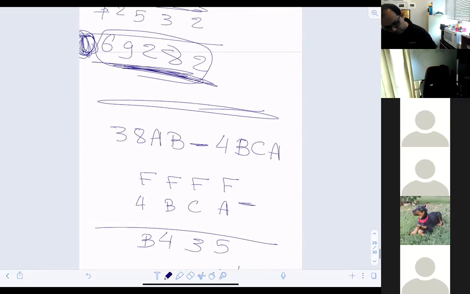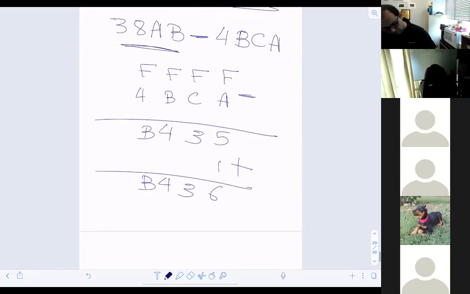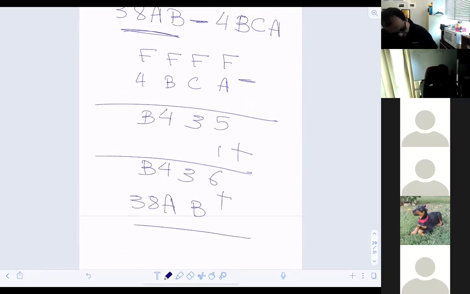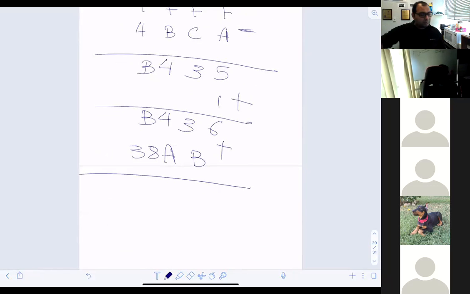Then you will take this together and add it to this value, so here 3, 8, AB added. So we have 6 plus 11, right? That's 17. Do we have any 17? No, we don't.